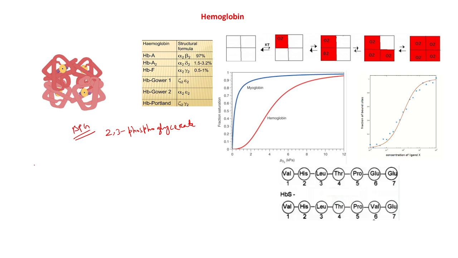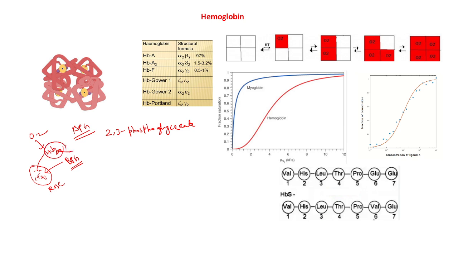In the RBC, the BPG is found. In the RBC also the hemoglobin is found. Now the oxygen can bind to the hemoglobin, and the BPG can also bind to the hemoglobin. But here, before binding of the oxygen, the BPG binds to the hemoglobin.